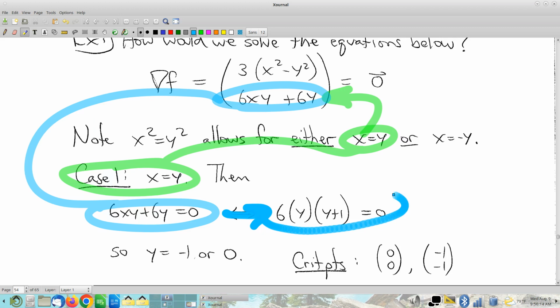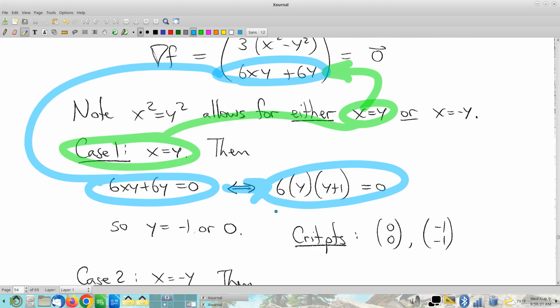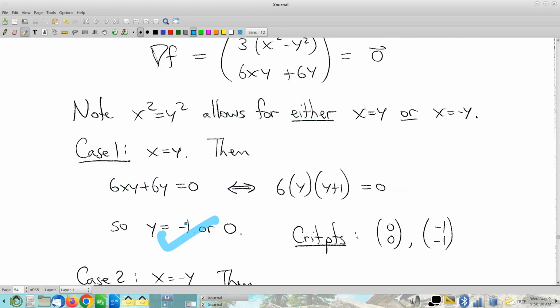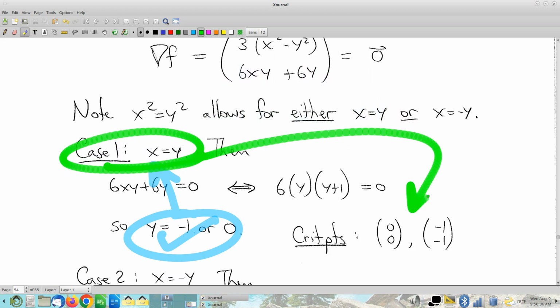And, for example, that means that this has to equal 0, just factoring it. And that gives you these two possibilities for y. And now what does that tell me about x? Well, I get that from plugging back into the case. If I know what y is, then I also know what x is, because of which case I'm considering. Anyway, altogether, that gives me these 2 points. Everybody with me?